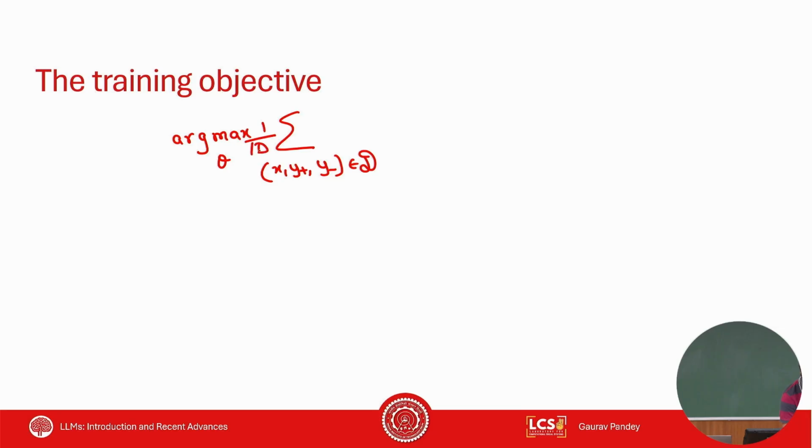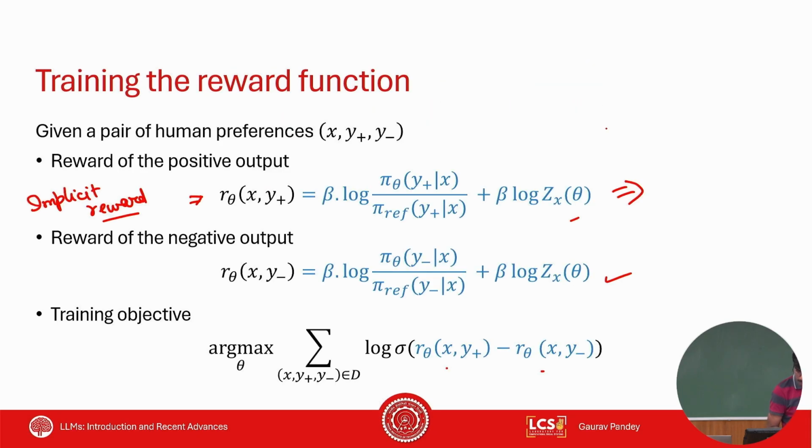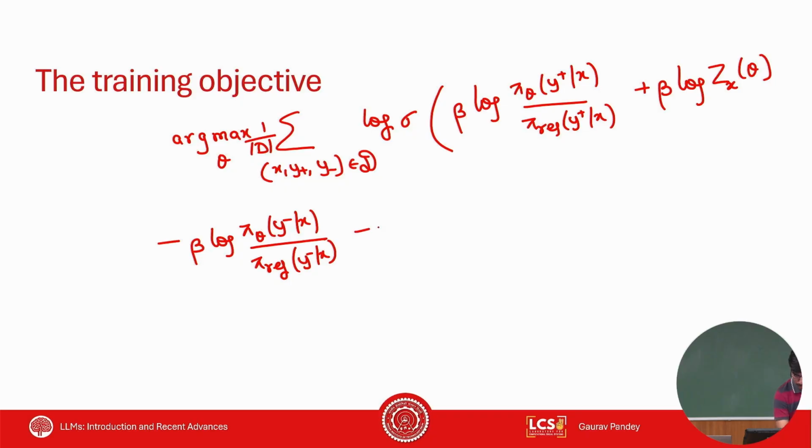Actually, there should be a normalization also, 1 over dataset size, times log of sigmoid of the implicit reward of the positive, which is beta times log probability ratio, plus beta times the normalization constant, minus beta log probability ratio for the rejected response, minus beta log normalization constant, and this is common between the preferred and the rejected.